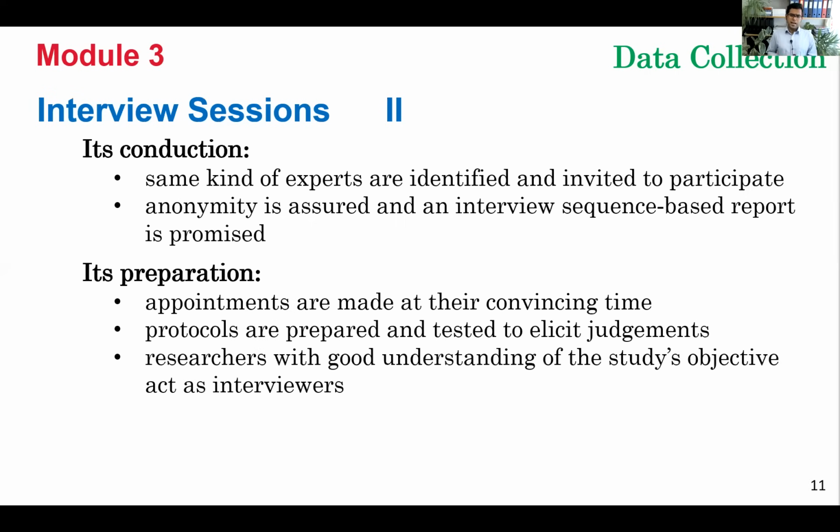Appointments are made at the convenience of the interviewees. Interview protocols are prepared and tested to elicit judgment. High-level staff members or the performing researchers familiar with the study's objectives act as interviewers.